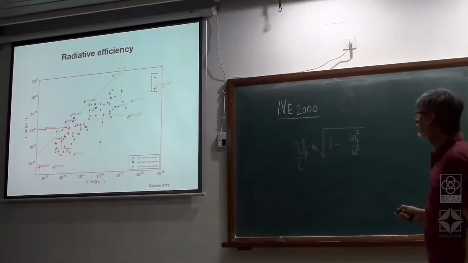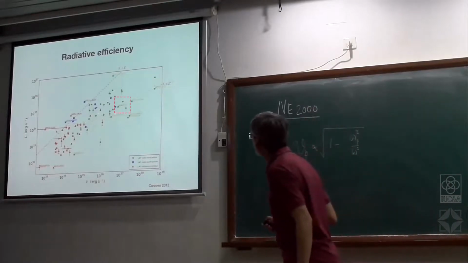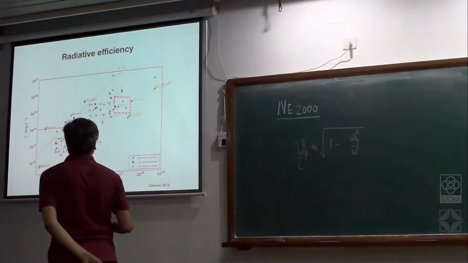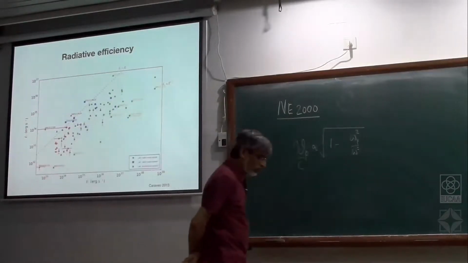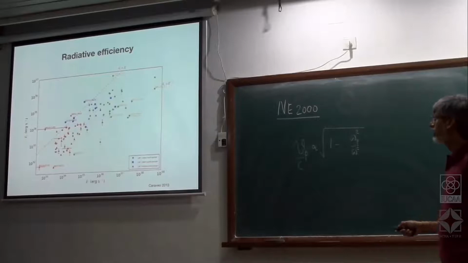But a vast majority of them are well below this line. This is the Crab. The Vela pulsar is this one. So these are some of the close by young pulsars, and you can see that they are well below this equality line.